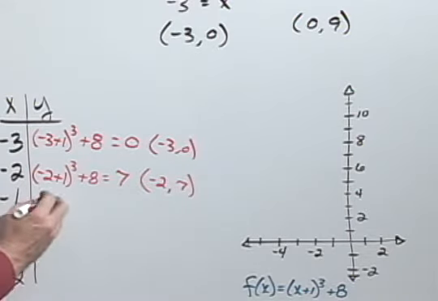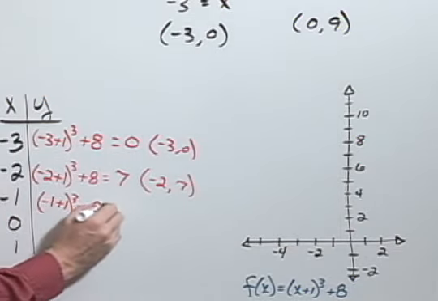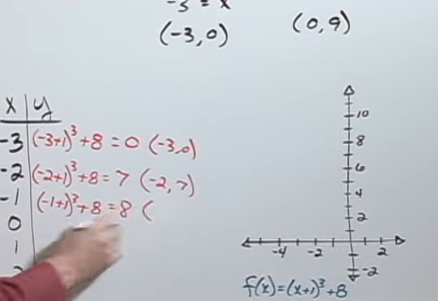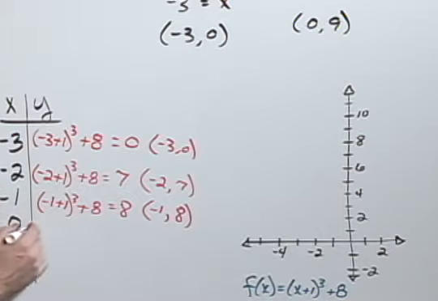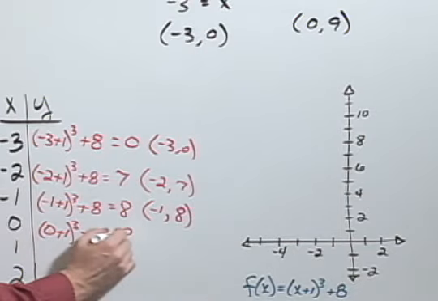And if I do negative 1 plus 1 cubed plus 8, that's going to equal 8. So I have the point negative 1, 8. And if I put 0 into my function, 0 plus 1 cubed plus 8, that's going to equal 9.